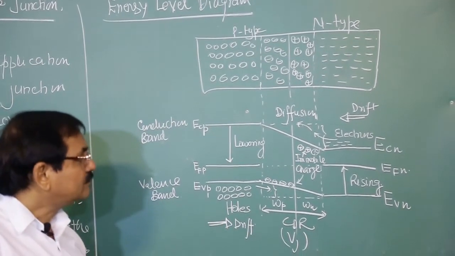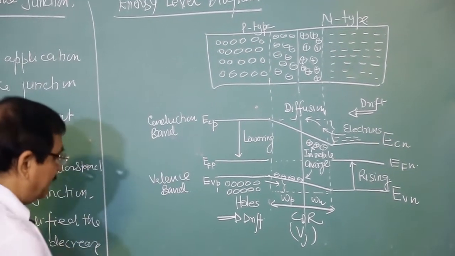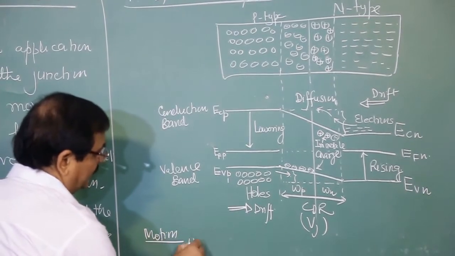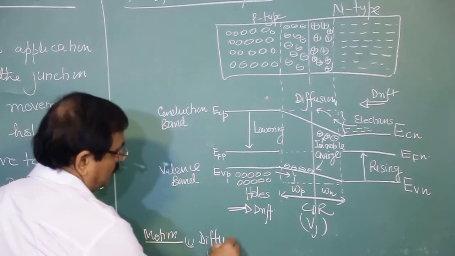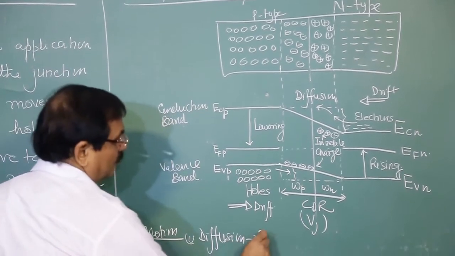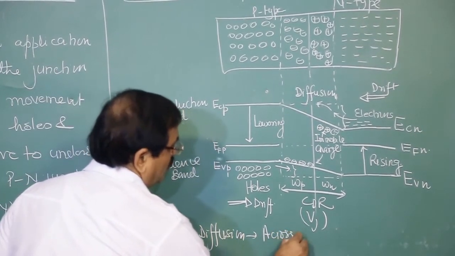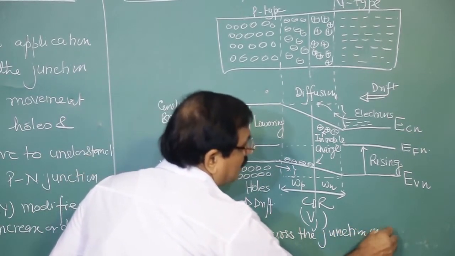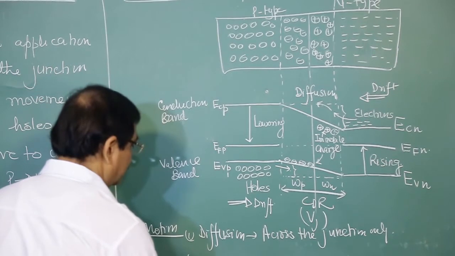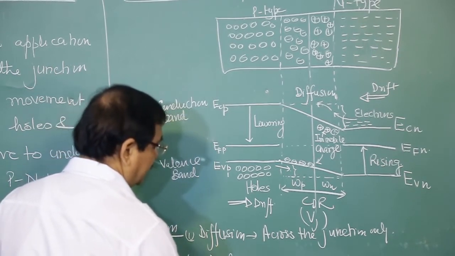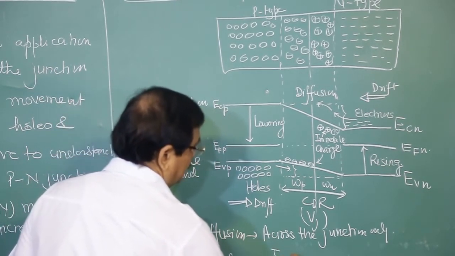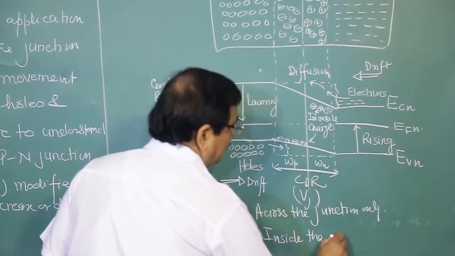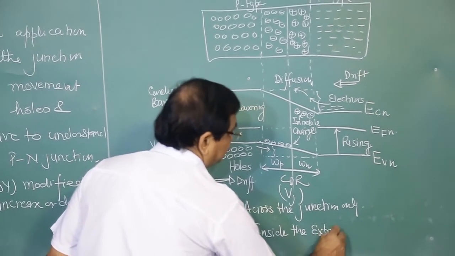And so, what do we have? We have motion of charge carriers. First is diffusion across the junction only, and second is drift inside the extrinsic semiconductor.